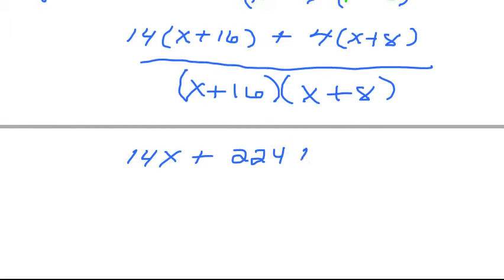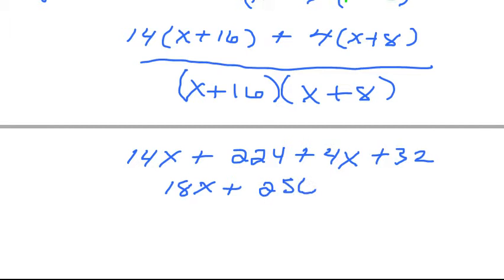We got 4x plus 32. Okay, so we have 14x plus 4x. That's going to make that 18x. Might as well go ahead and simplify that down now. And then we got 224 plus 32 is 256. Right, and then that's all over.